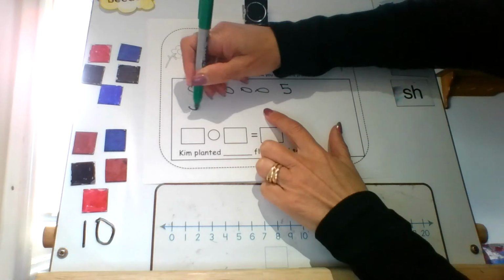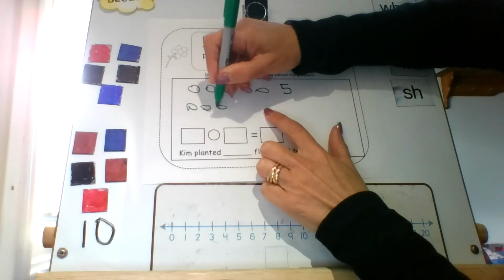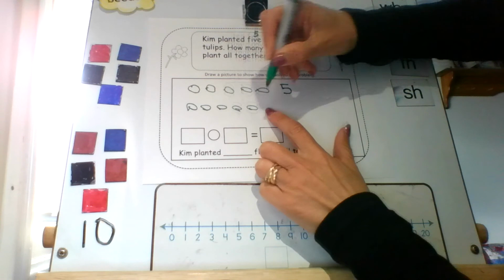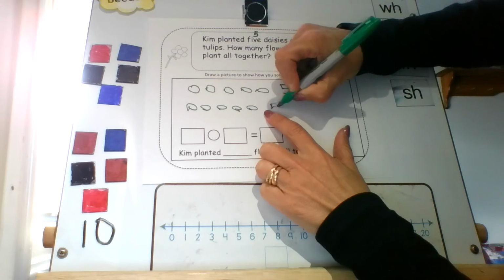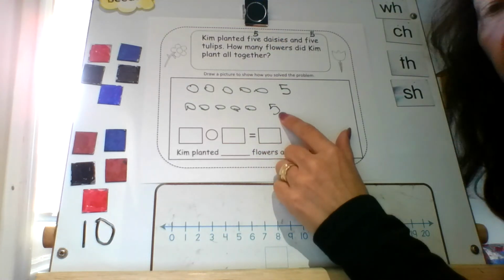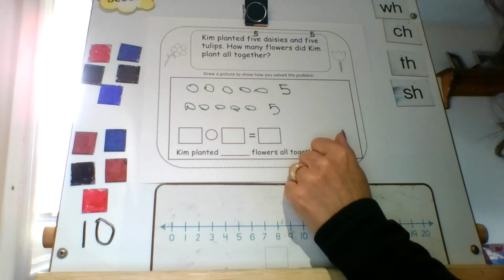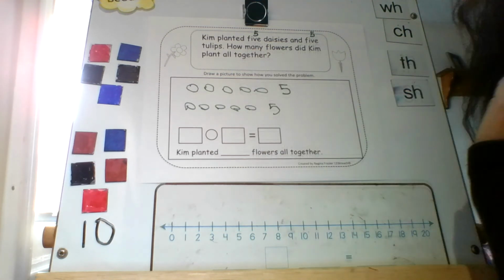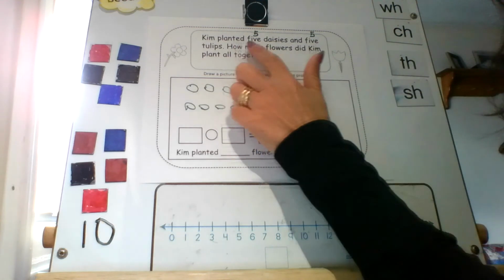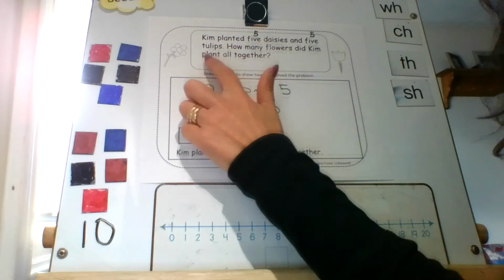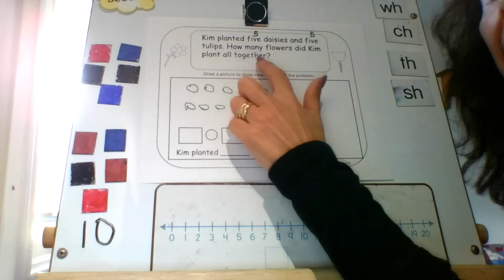So go ahead, put 5 tulips. Don't forget to label that one. Make sure that 5 is going the right way. And the question they want answered is, how many flowers did Kim plant all together?